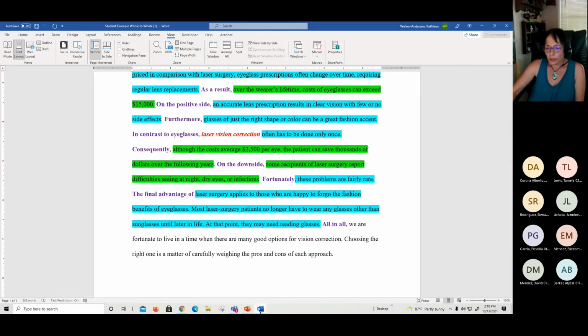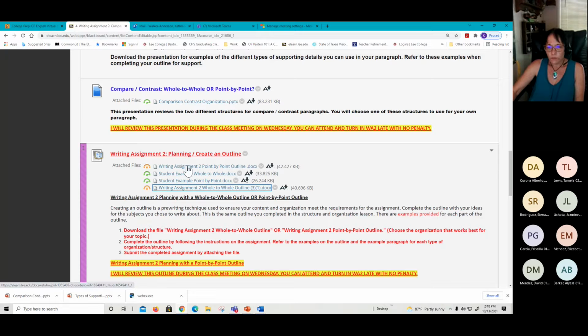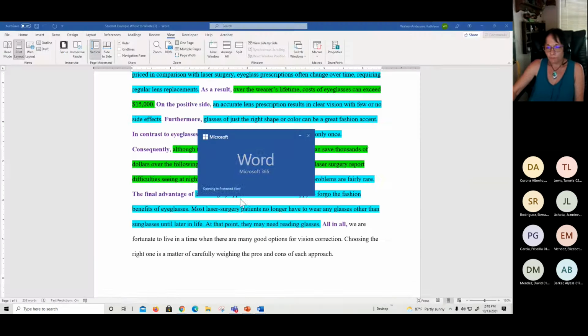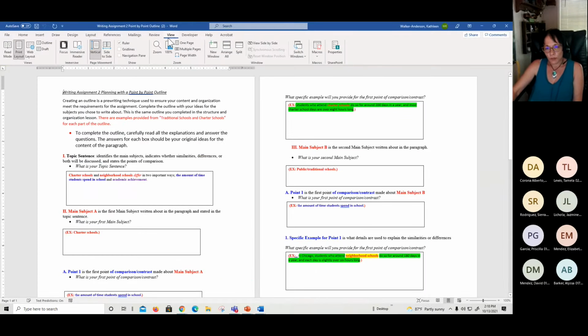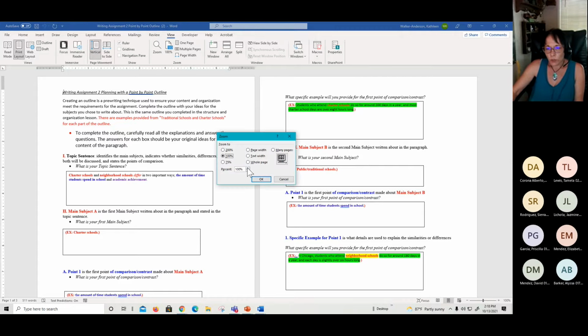Okay, now I want to look at the point by point outline. Same format. And the example paragraph is the one that we looked at just a minute ago. So now we're going to look at it closer.